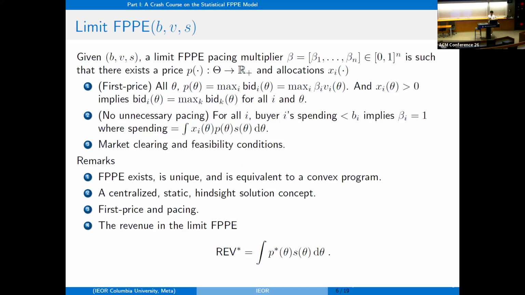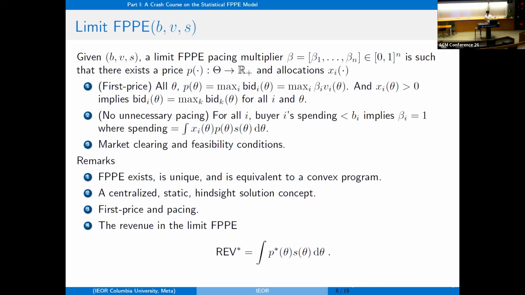The first condition is the first price condition. It's saying that the price is determined by first price auction, and if someone is being allocated something, then they will be the highest bidder. The second condition is just the no unnecessary pacing condition. And of course, there are some other market clearing conditions and feasibility conditions.